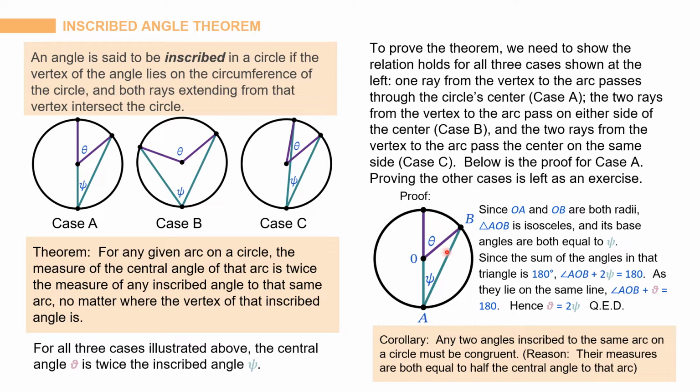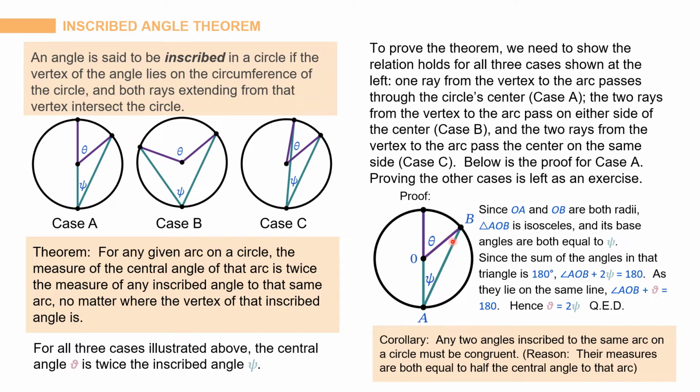In this diagram, we have OA and OB. They're both radii, so triangle AOB is isosceles. Since it's an isosceles triangle, this angle is psi, and this angle must be congruent to that and is also psi.